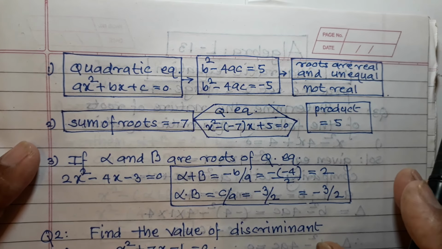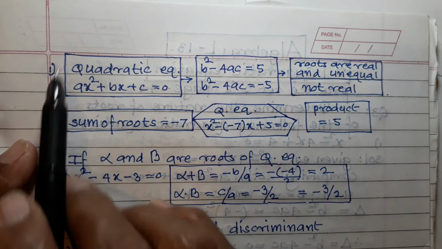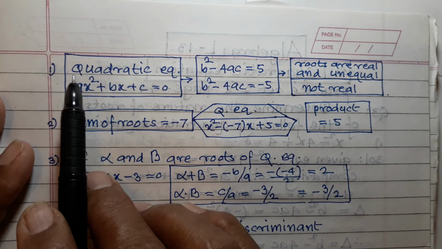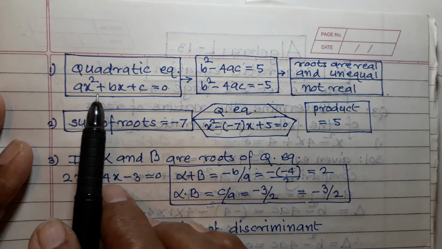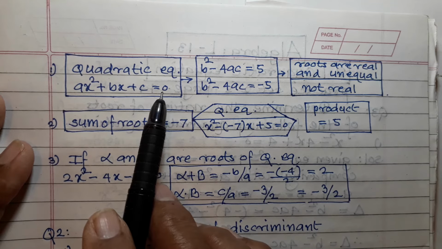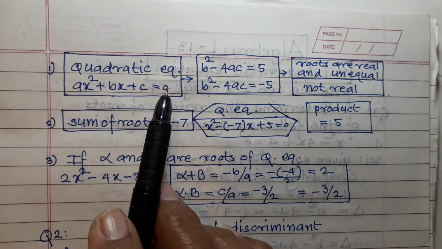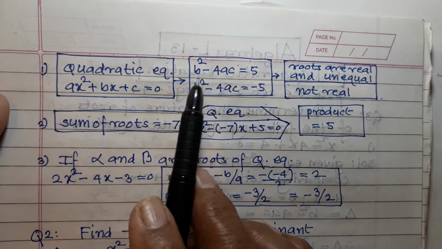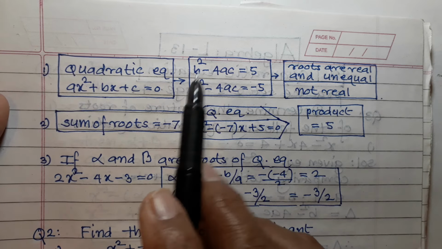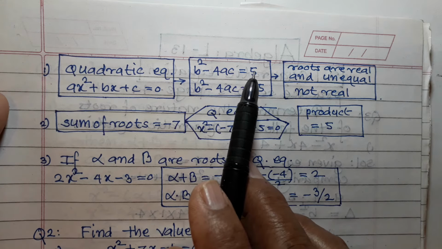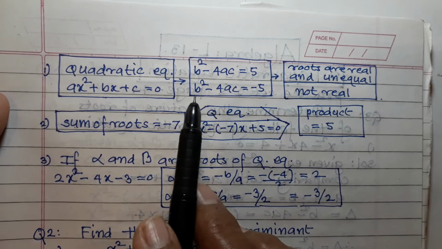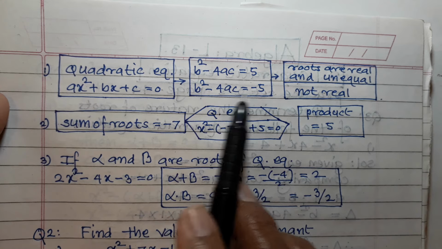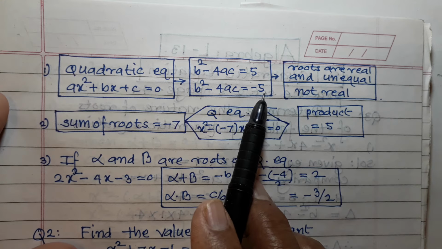The activity is this. In this box it is given the quadratic equation ax square plus bx plus c is equal to 0. Then b square minus 4ac is equal to 5 given, and b square minus 4ac is equal to minus 5 given.